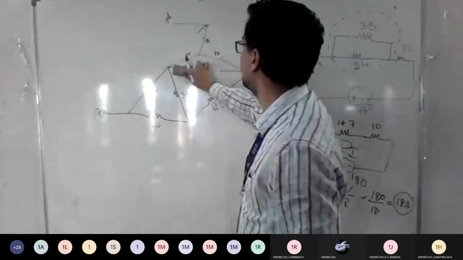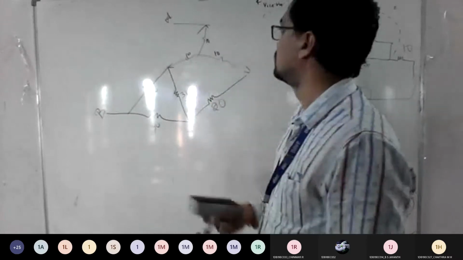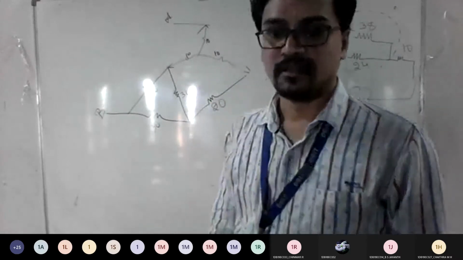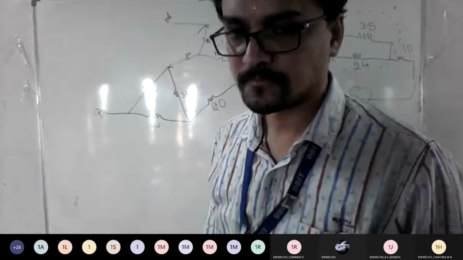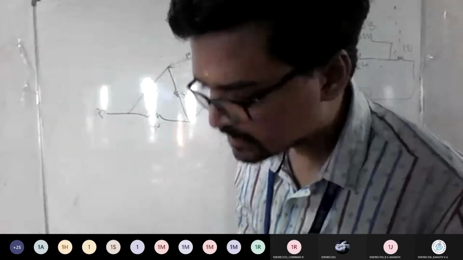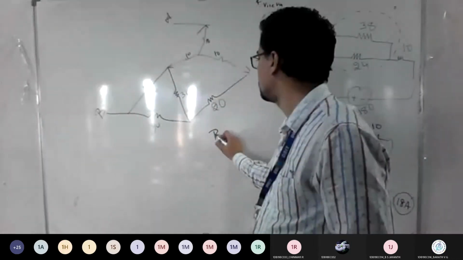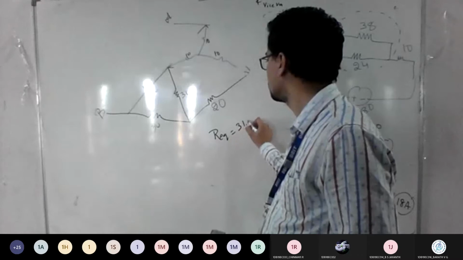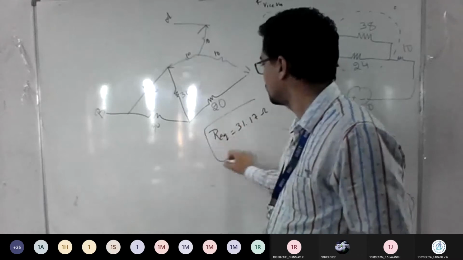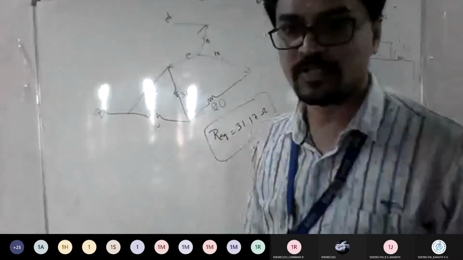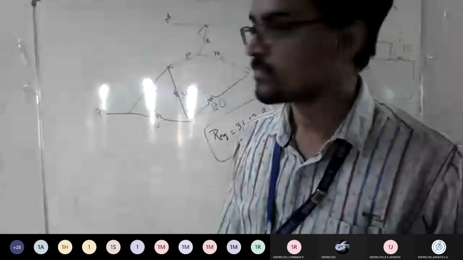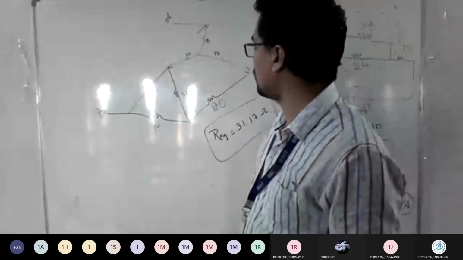What is the R equivalent you're going to get? Anyone solved or not? 31.17, sir. Others check out. So you'll get 31.1 as your friend told. So this all becomes a 10, 10, 10 combination.